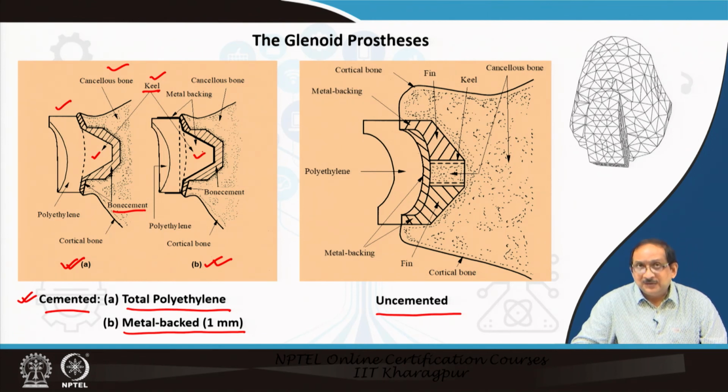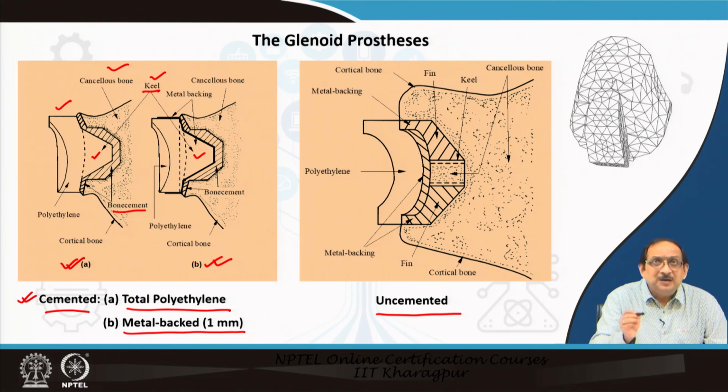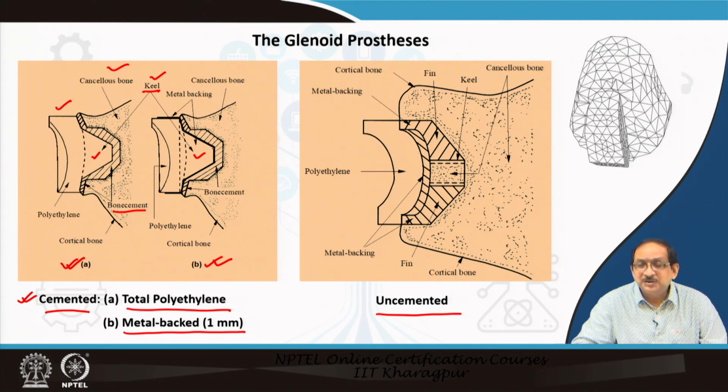in both the designs. The difference in the design of the metal backing is that it has a 1 millimeter metallic shell covering the total polyethylene component. That means it adds a little more rigidity in the implant as compared to the purely total polyethylene glenoid prosthesis.